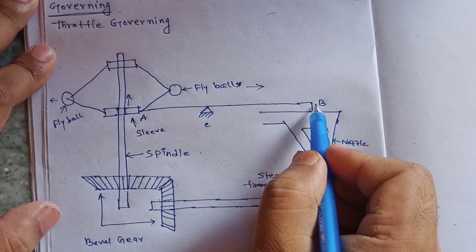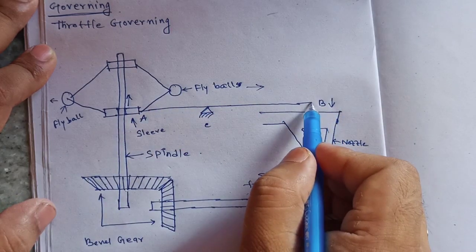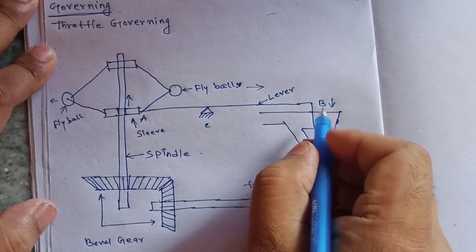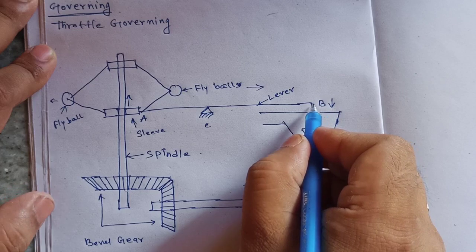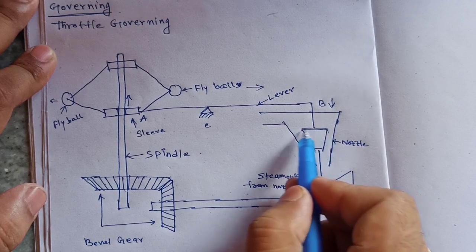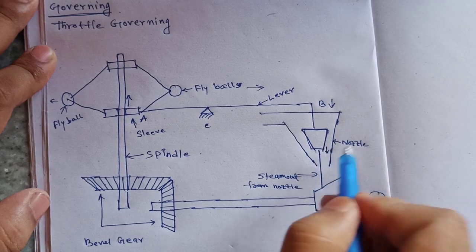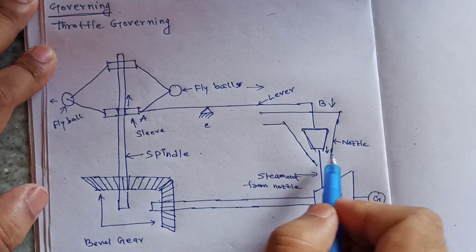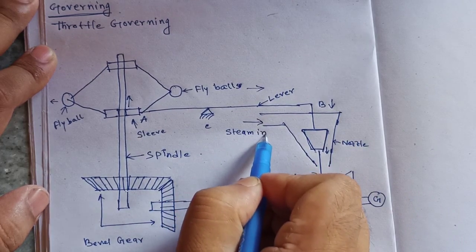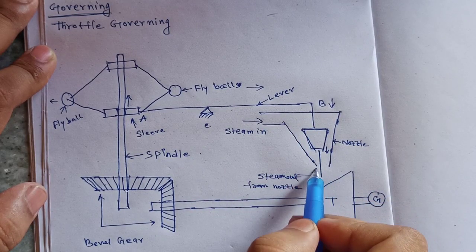And B will try to move downward. When A moves upward, point B of this lever, this is the lever, will try to move downward. When it moves downward, this valve moves in the downward direction and closes the nozzle, and the flow of steam through the nozzle will be closed.